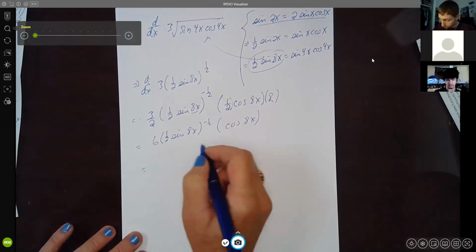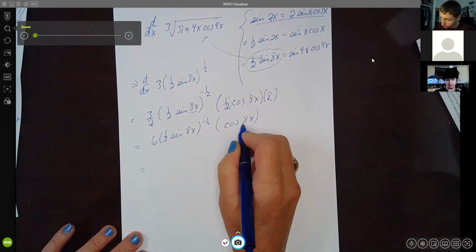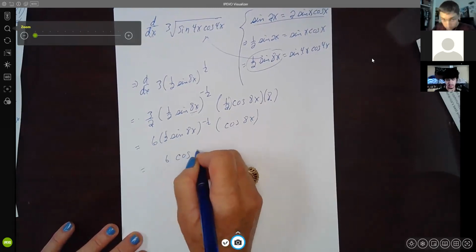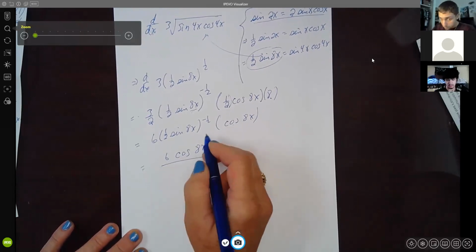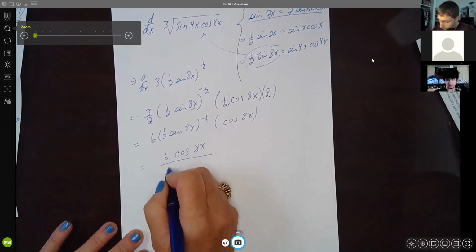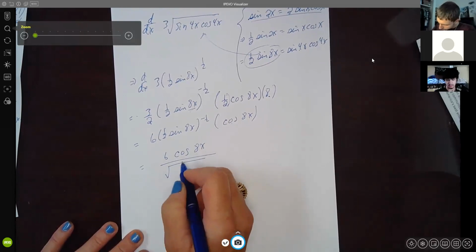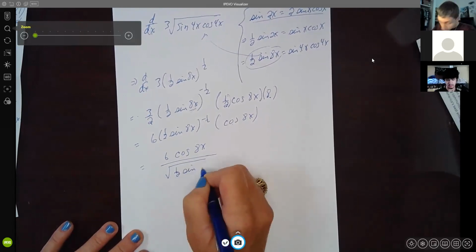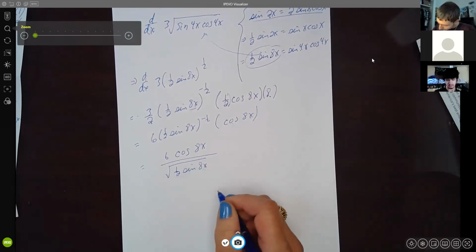So 6 stays on top, the cos 8x stays on top, so 6 cos 8x all over, I can rewrite that as a square root, the square root of 1/2 sine 8x.